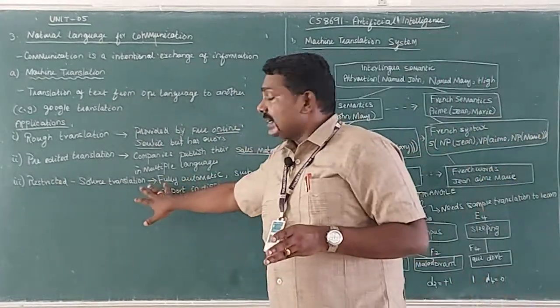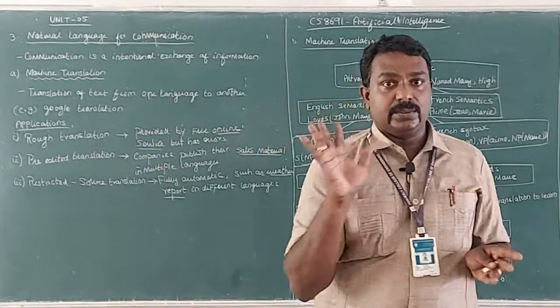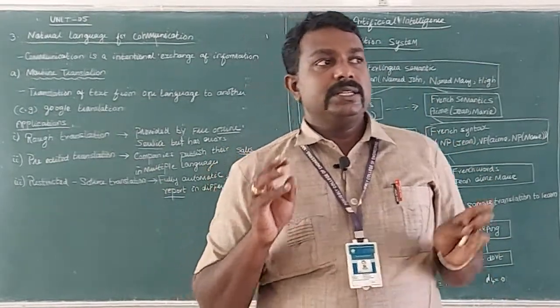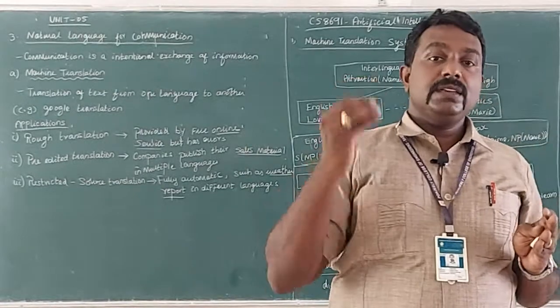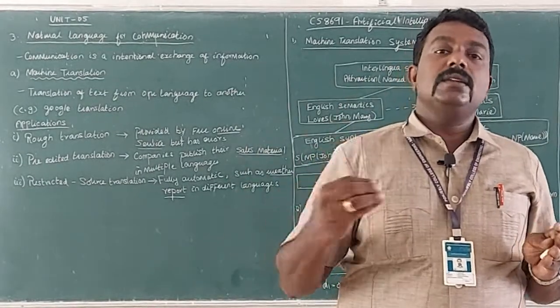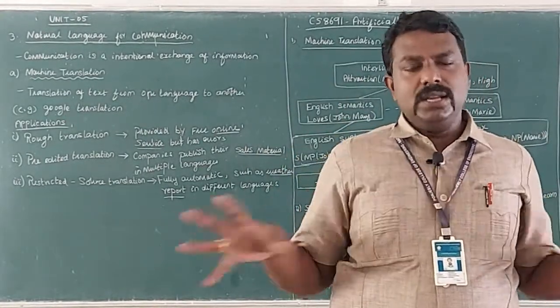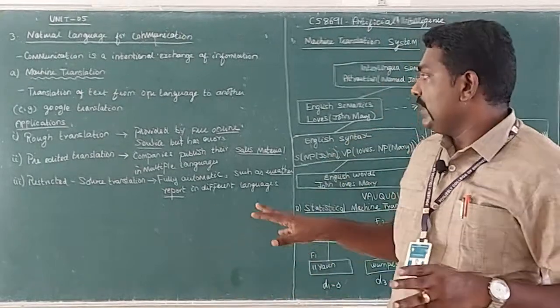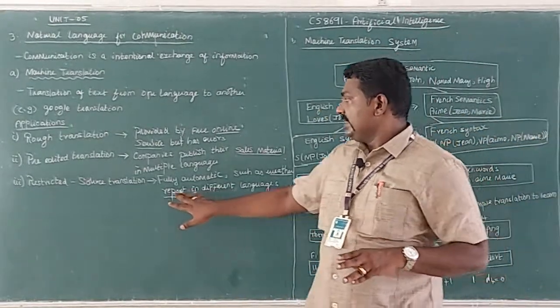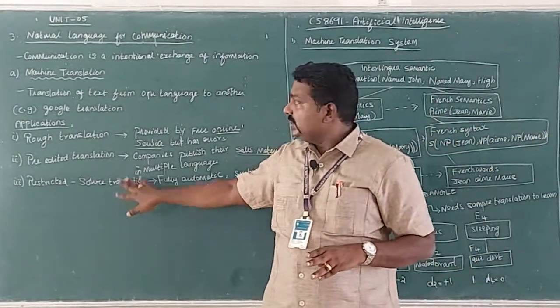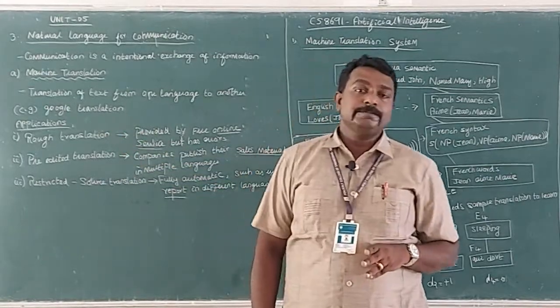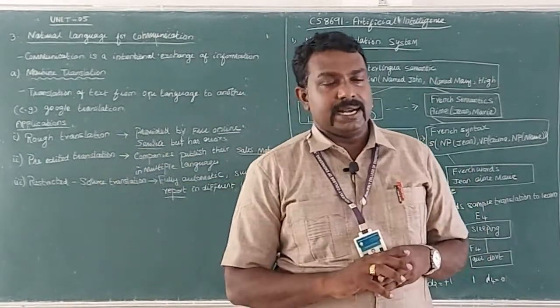The details given in a weather report will be almost common to all languages. Those kinds of languages you call restricted languages. These are some of the applications of machine translation.